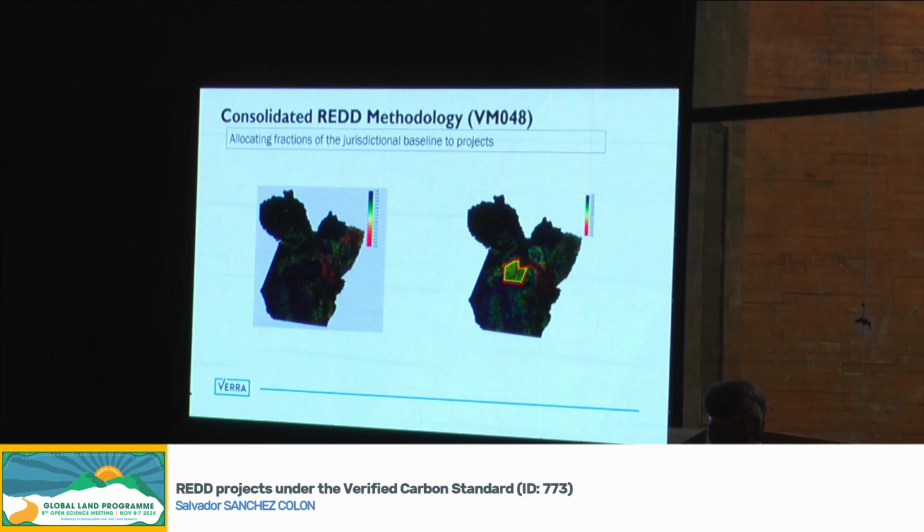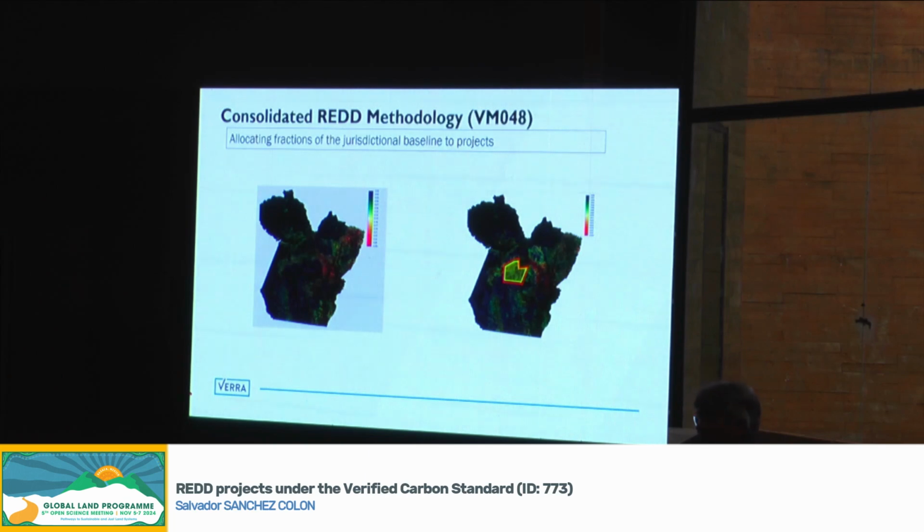Basically, allocate the jurisdictional deforestation baseline, all the amount of deforestation, proportionally to the forest area in the project area. For example, if the project area encompasses 10% of all the remaining forest in the entire jurisdiction, then 10% of the jurisdictional baseline would be allocated to the project area.